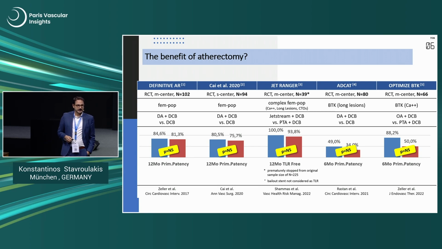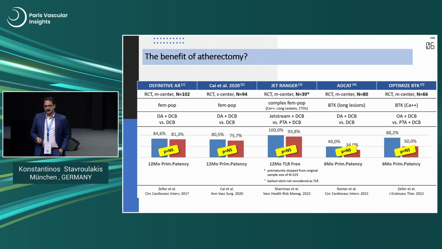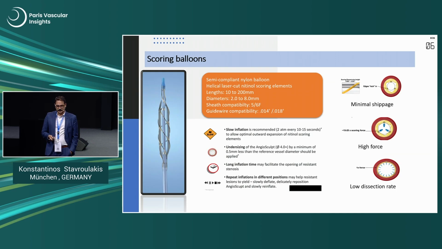So what we really need in order to assess the benefits of atherectomy is a big trial for every different device. If it's possible, I'm not sure about it, but the industry has to sponsor big, large-scale studies to evaluate the effects of every different modality. Then we have scoring balloons.